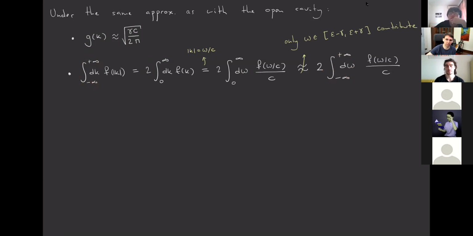So this is the correct pathway. And so these two approximations alone, remember that these two approximations already imply the Markov approximation together with the Born and absence of back action approximations.